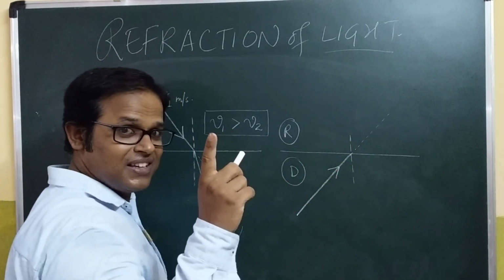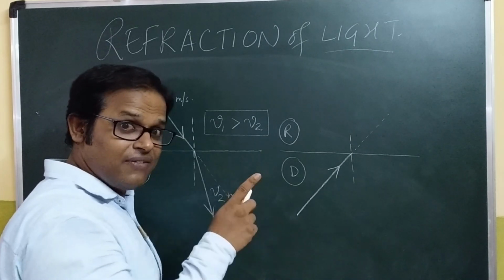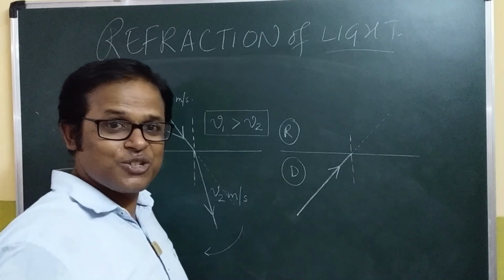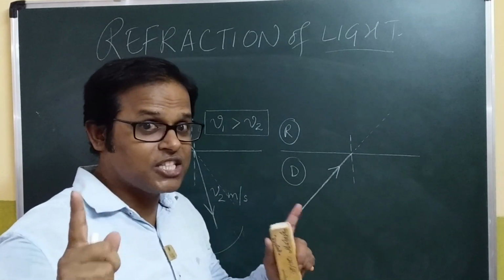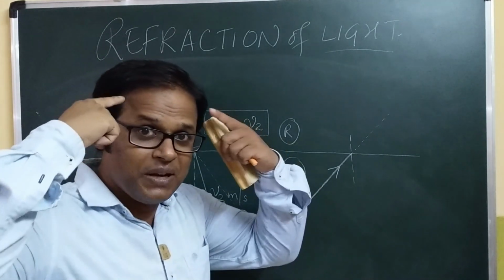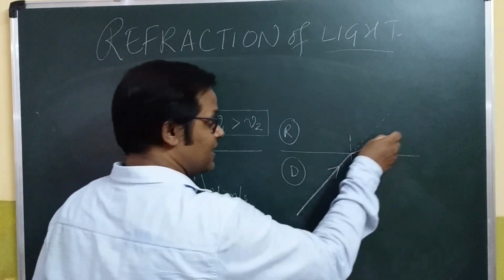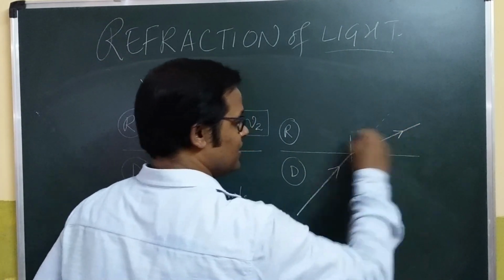Please remember, it's all because the wavelength of the light radiation changes as it passes through various mediums, not the frequency. Please keep it in your head. So here it will bend away from the normal.